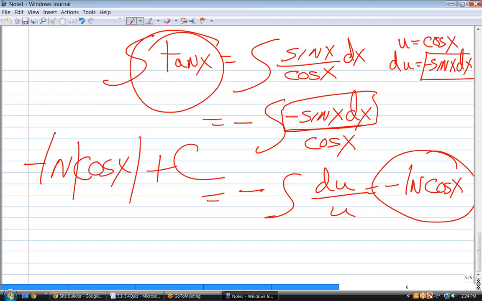And it's almost worth memorizing that because you end up having to integrate tangent quite a bit. But it's also very useful to refresh on how to do u substitution, and this is perfect for u substitution. So now, what is the integral of tangent of 3x going to be?